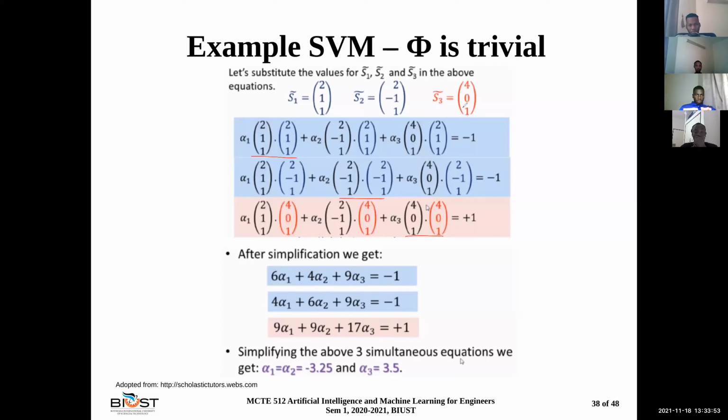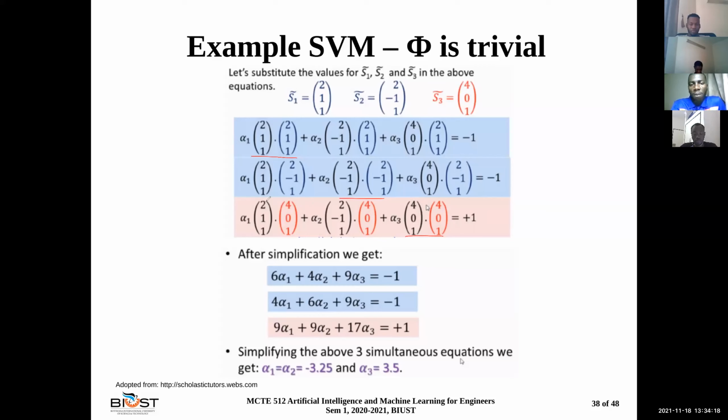Okay, so you just substitute the values, and then that's it. Then we get these 3 equations and 3 unknowns. Okay, that's a solvable one. So we can either just do a substitution, or we can create a matrix and take the inverse to compute for alpha 1, alpha 2, and alpha 3.